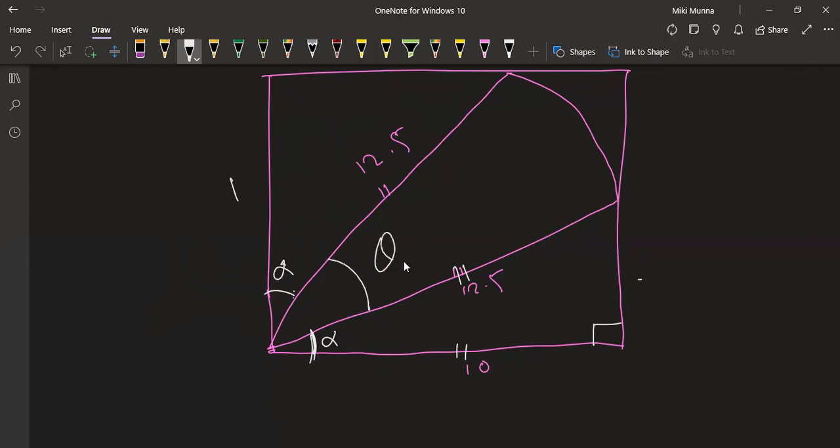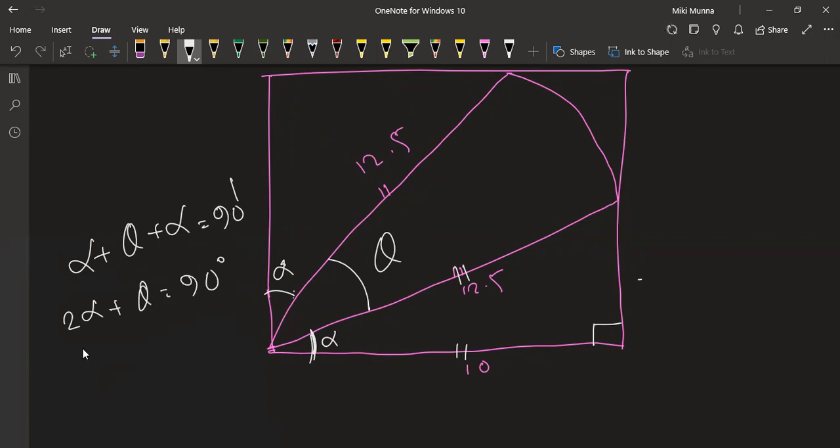We know that the angle at a corner of a square is 90 degree. So this alpha plus this theta plus this alpha equals 90, because they form this corner of the square. So twice alpha plus theta equals 90.